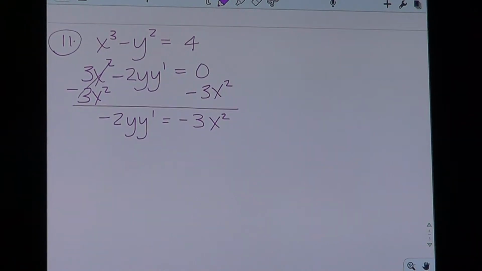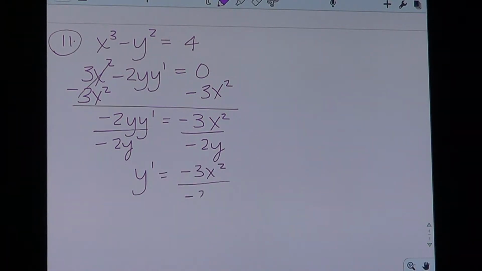So before we do, or never mind, I'll ask that when we get to the end of the problem. Okay. So then what would you do? Divide by negative 2y. Okay. So then, do you substitute in the original problem now?